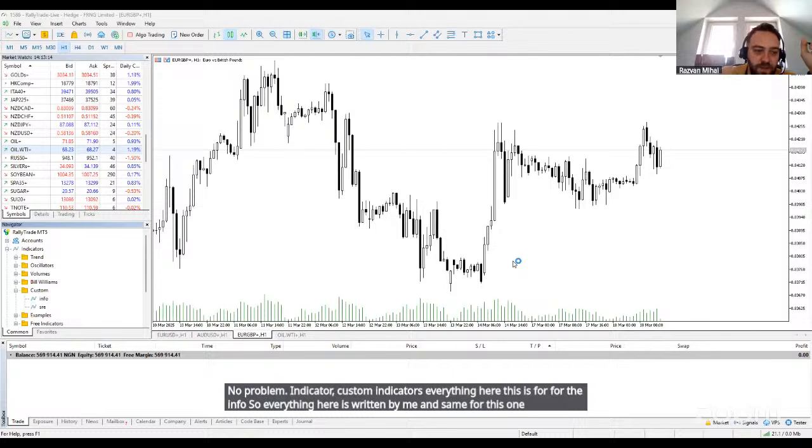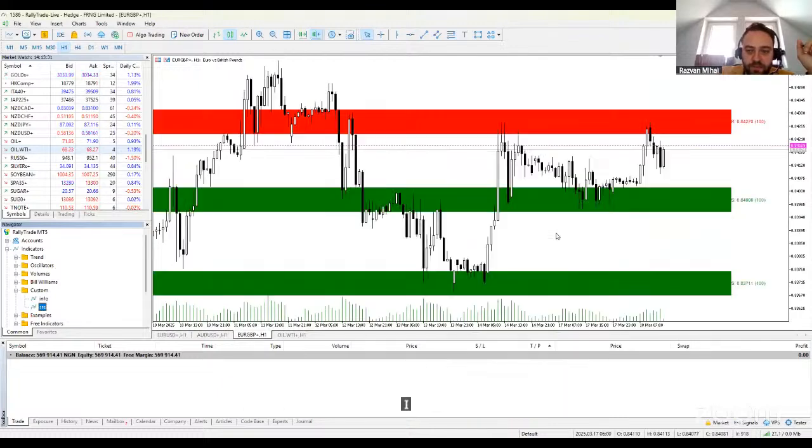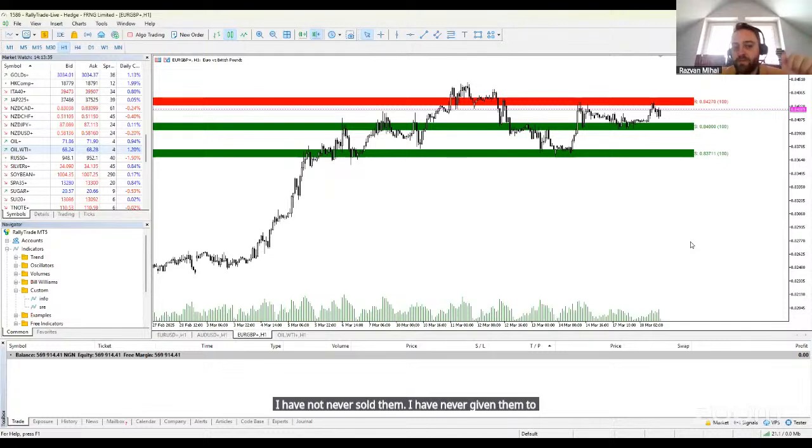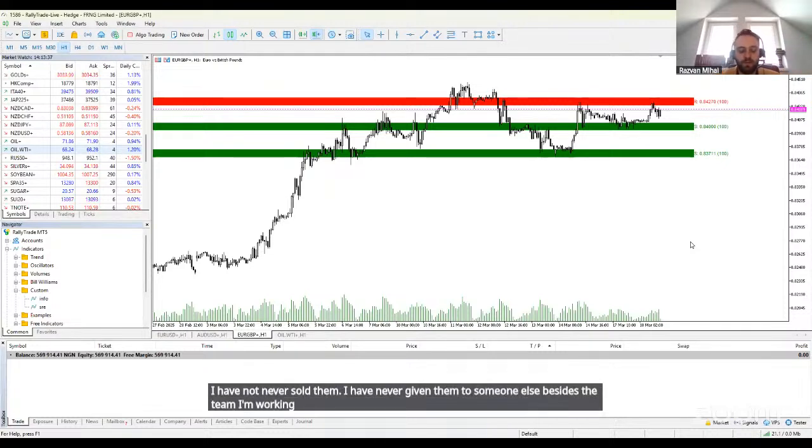More than 700 lines of code, I wrote every line, got every algorithm there. It's my proprietary thing, and I invested a lot of time and experience in them in order to work. I have never sold them. I have never given them to someone else besides the team I'm working with, and Shogun is one of the people I shared it with.